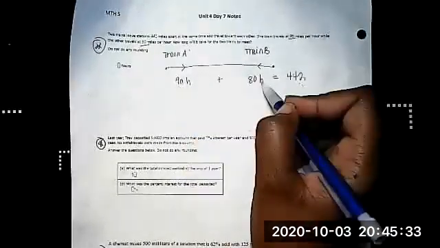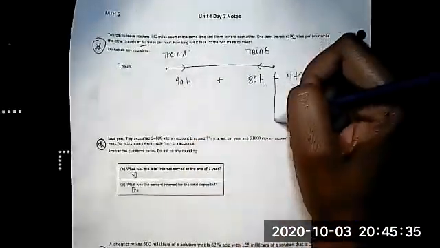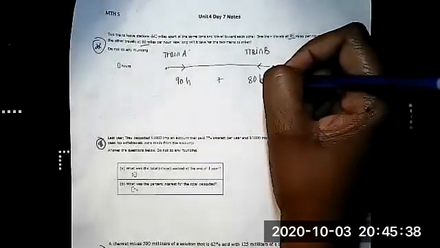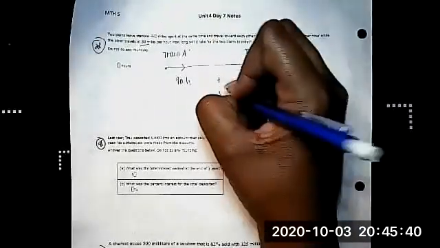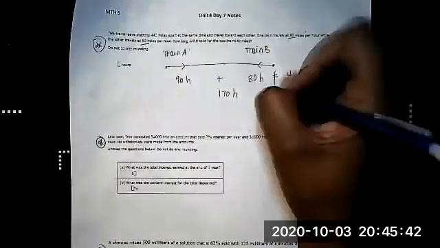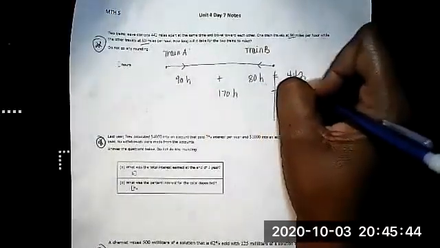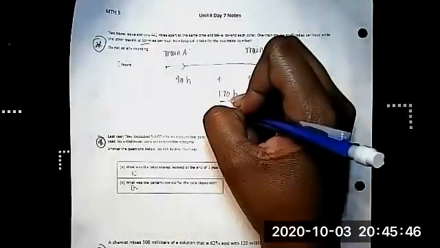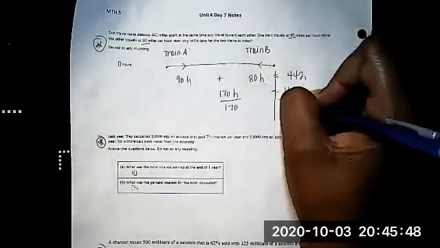And we're going to combine like terms here. They're on the same side of the equal sign. So we have 90 plus 80, which should give you 170H equals 442. And then divide by 170.